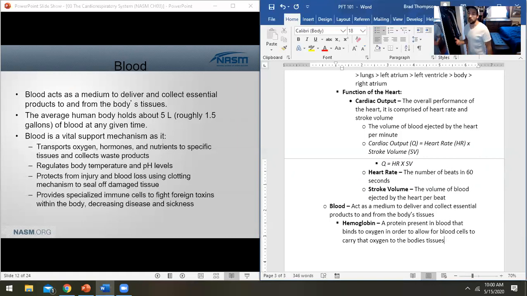So hemoglobin is really cool. Hemoglobin is this protein. It contains molecules of iron, in order to bind to oxygen.